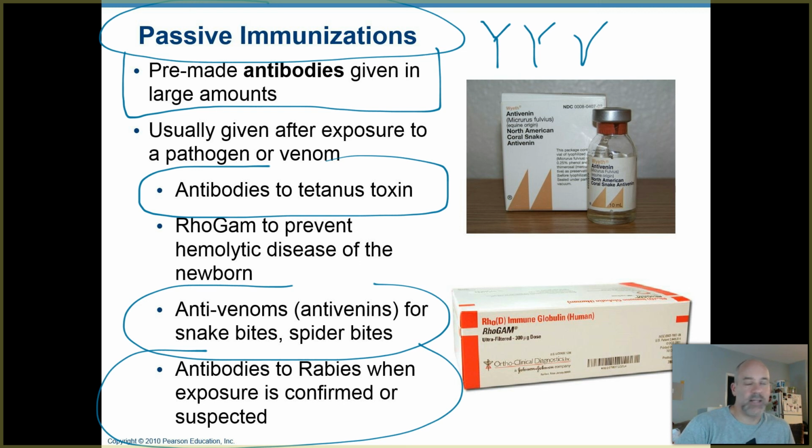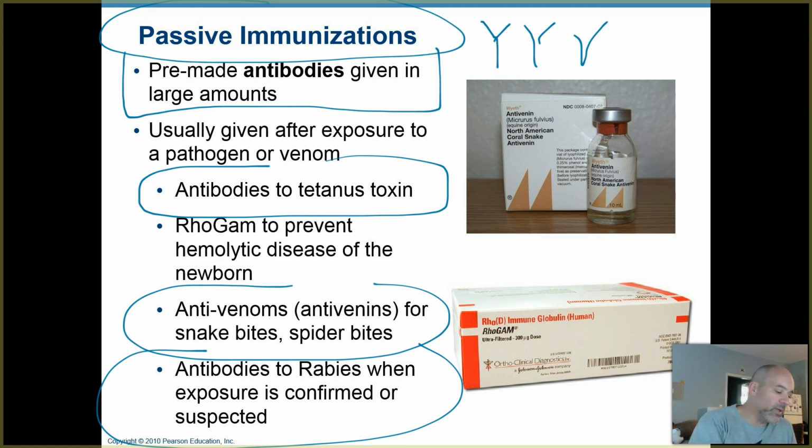That takes several days to happen. You'll be dead from tetanus by the time that happens. So instead, if you already are showing signs of getting tetanus, they'll give you large amounts of pre-made antibodies to the tetanus toxin that will float through your body fluids and soak up that toxin and help you clear it out.